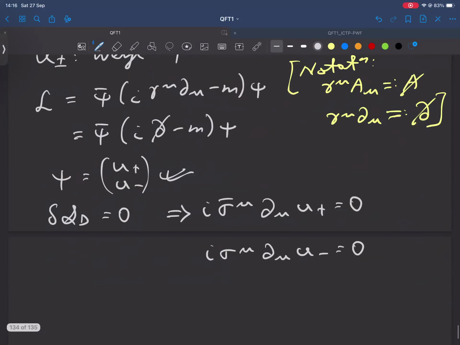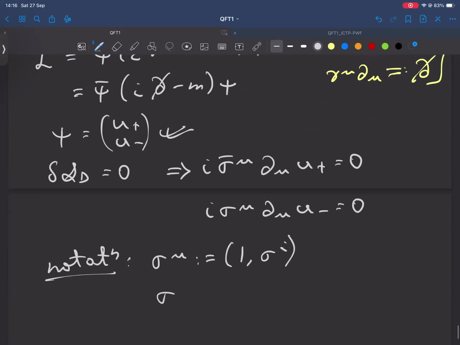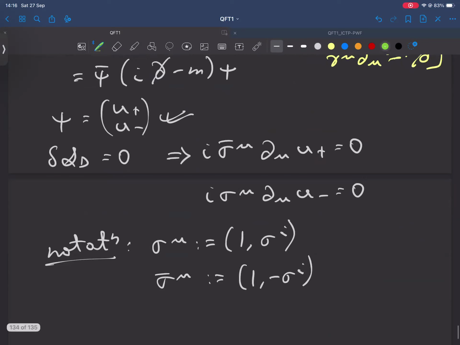Here we have introduced a notation again to write things compactly: sigma mu is 1 comma sigma I, where sigma I are the Pauli matrices, and sigma bar mu is 1 comma minus sigma I.